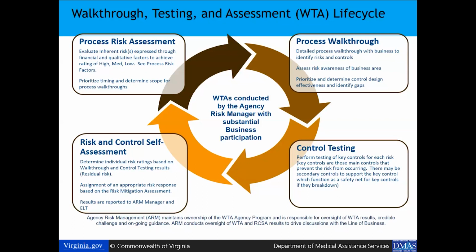And then after the fact, doing a risk and control self-assessment to determine what the residual risk is after you have assessed the risks, and then how appropriate the controls have been designed and how effective those controls are in mitigating that risk. Those results then will be reported out through me to ELT, and we'll be doing some dashboard reporting on the risks and controls to the agency as a whole.